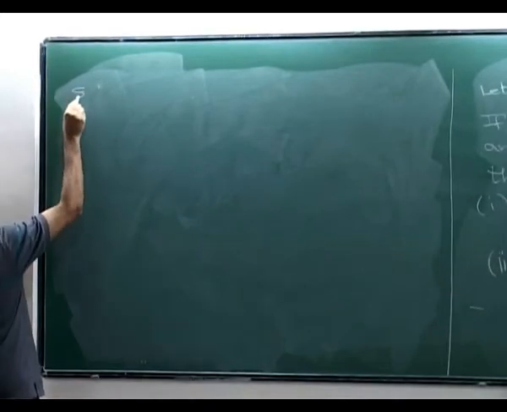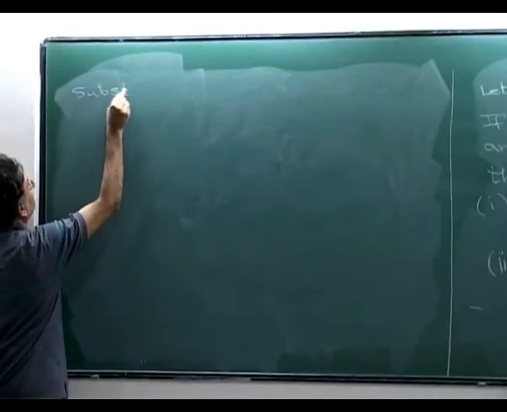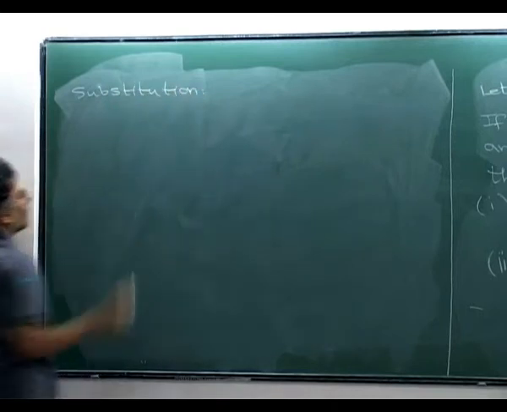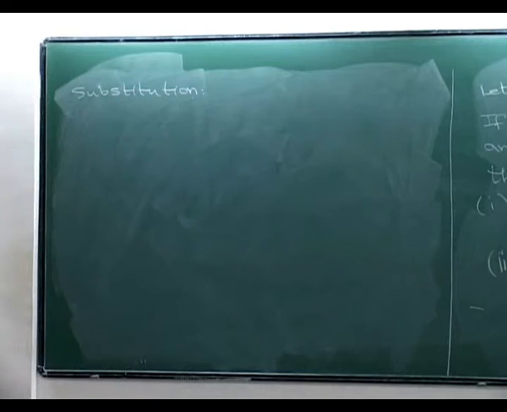So the other process is something called substitution. Substitution is a way of getting new tangles from old. Renumbering is also a way of getting new tangles from old. If T was a tangle, we obtained a new tangle sigma T from T. Substitution is another process of getting new tangles from old, except in this case you begin with two of them.